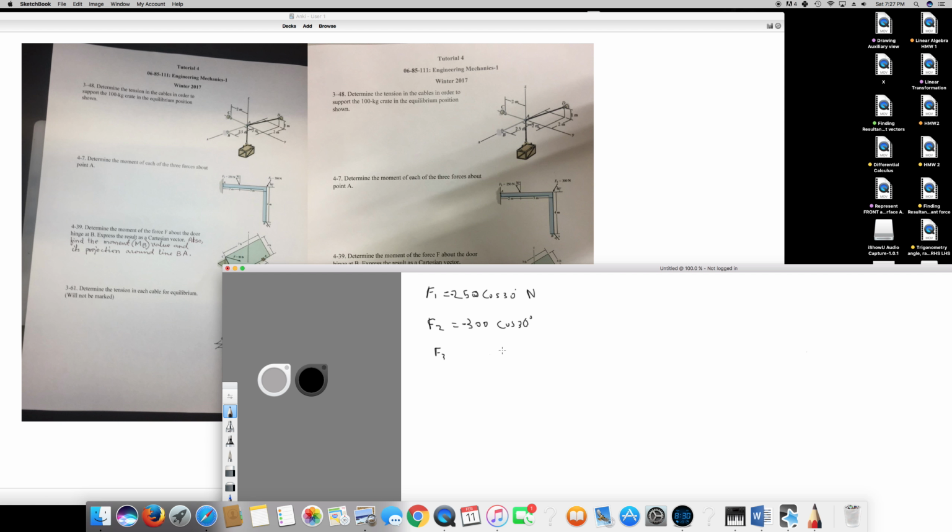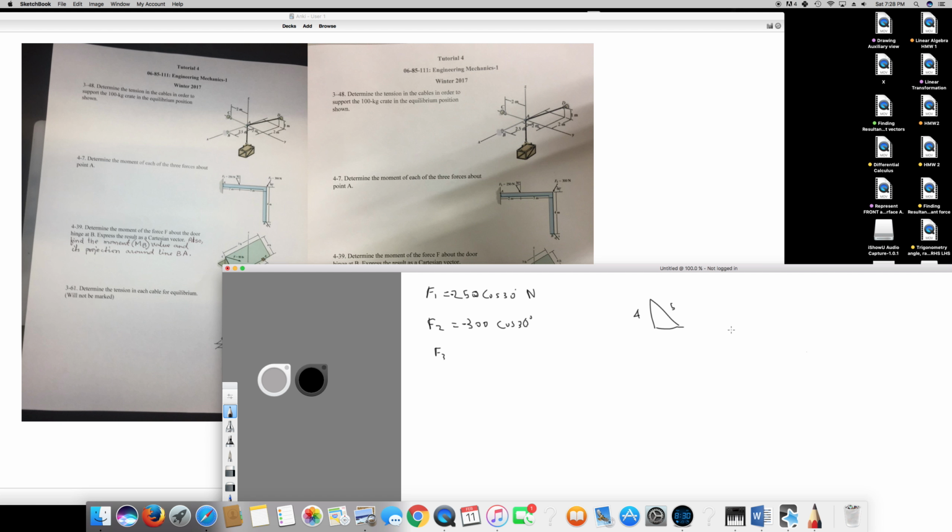So F3, in this case, it's 500 Newton. It's not shown in the picture, but it's 500 Newton acting vertically and horizontally, and they have given the two directions. Vertical is 4 and hypotenuse is 5. So therefore I had to find the adjacent.